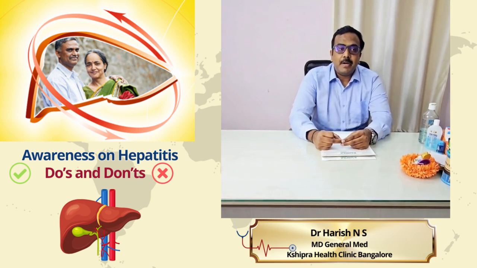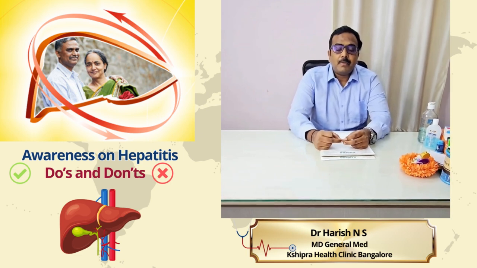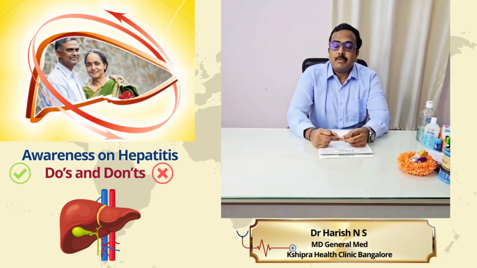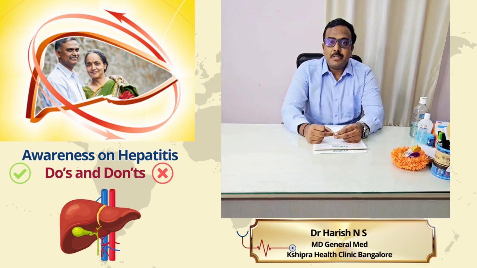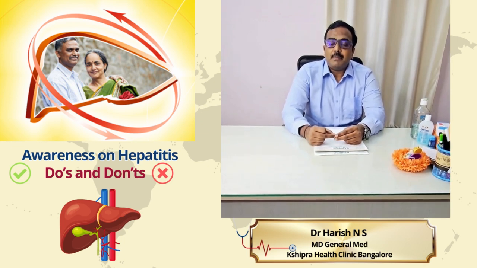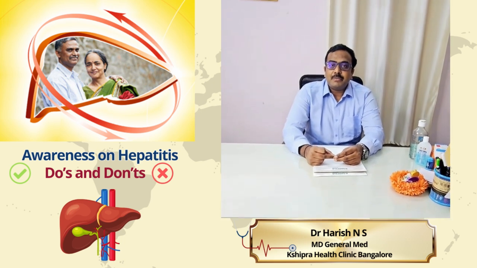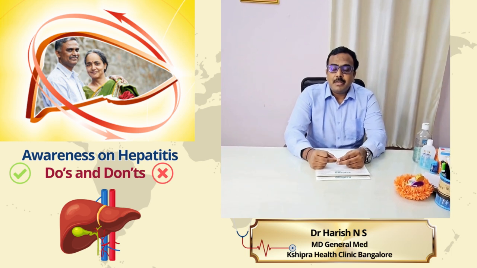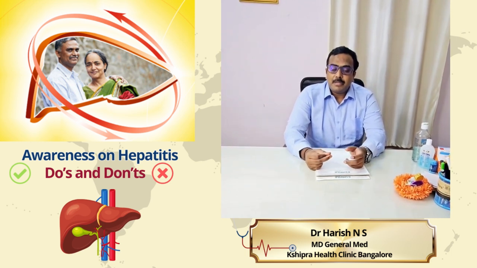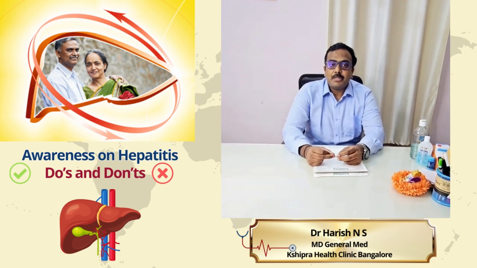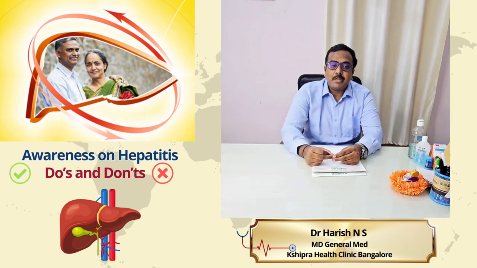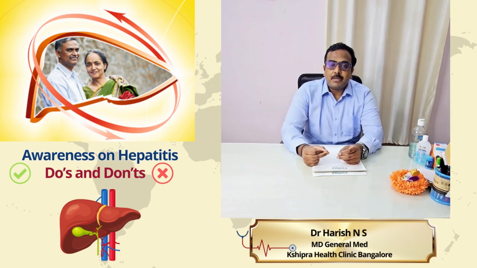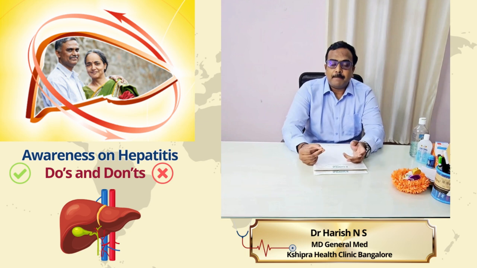Usually we see it with infected blood transfusion, when you take blood from non-standard blood banks where they do not screen the blood. It is also transmitted by sharing needles or syringes with infected hepatitis B patients, usually seen in drug peddlers who commonly share needles and syringes, and as a healthcare associated infection in healthcare persons doing procedures on infected patients where they accidentally get injured with needles or knives.